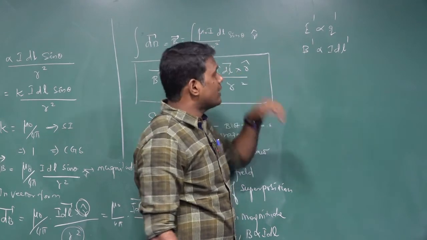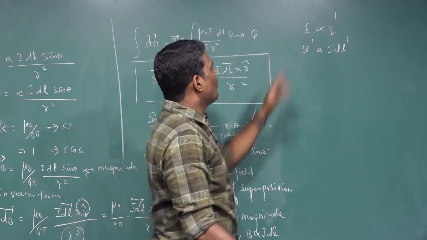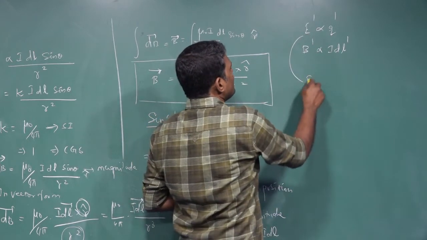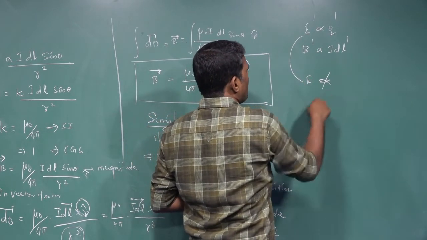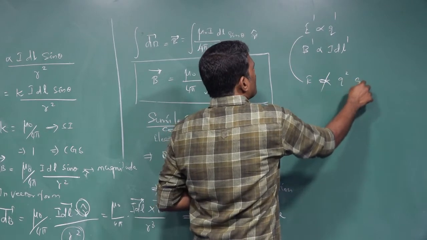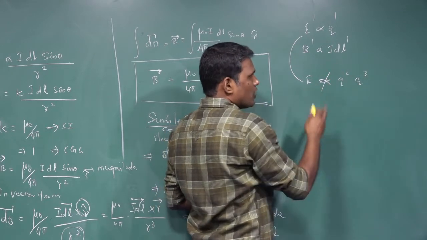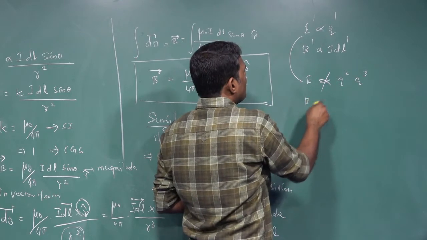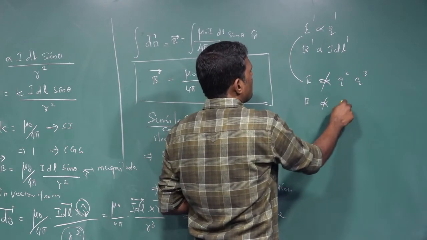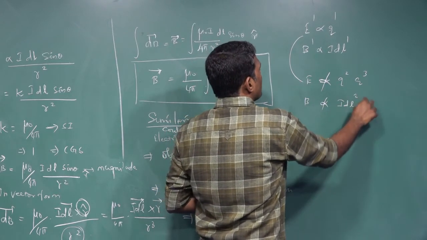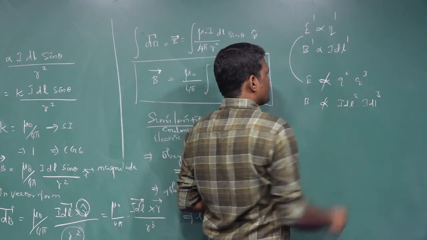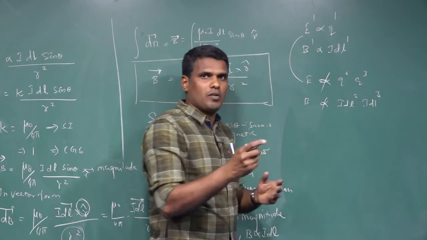So we can simply say, or what does this mean? We can simply say here, E is not dependent upon the powers of the charges like q square, q cube, etc. Similarly, B is not dependent upon I dl square or I dl cube, etc. So they are not dependent upon their higher powers.